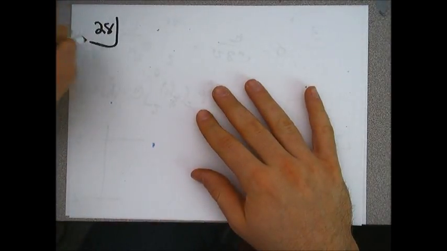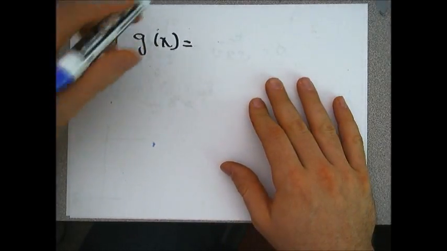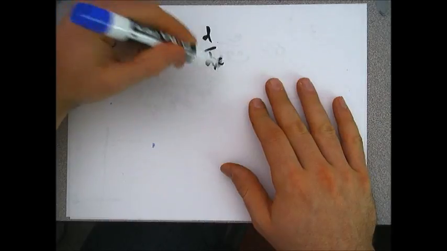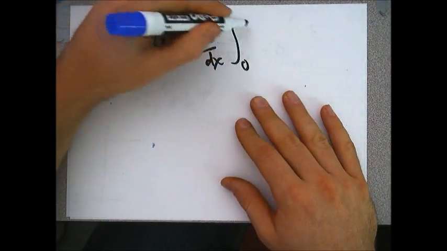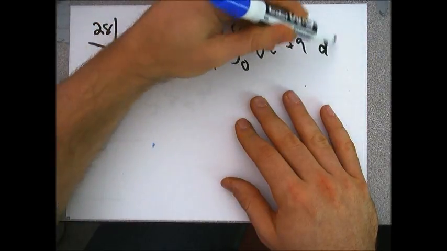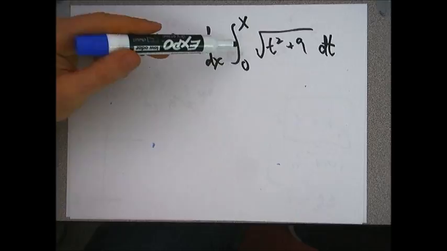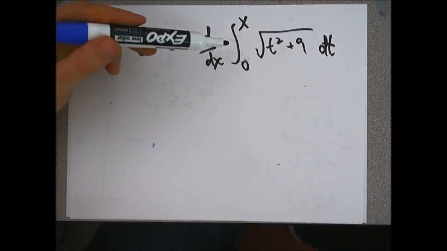All right, last one, number 28. Let g of x equal d/dx of the integral from 0 to x of t squared plus 9 dt. If I'm differentiating an integral, what do we do here?